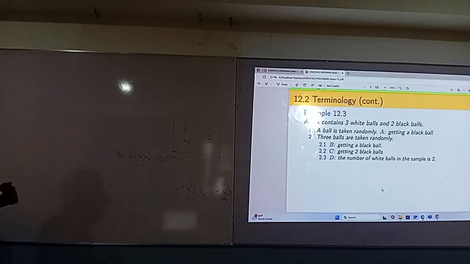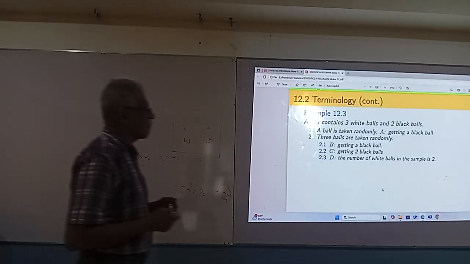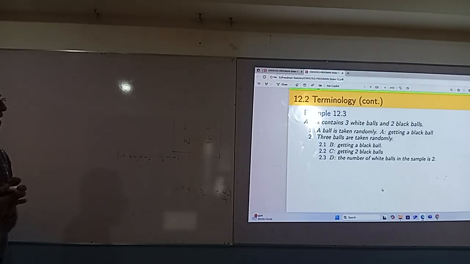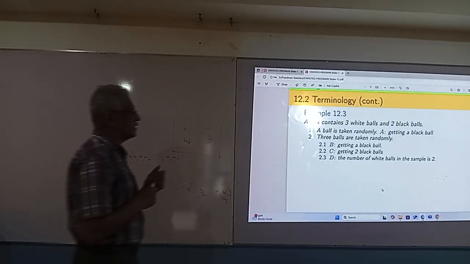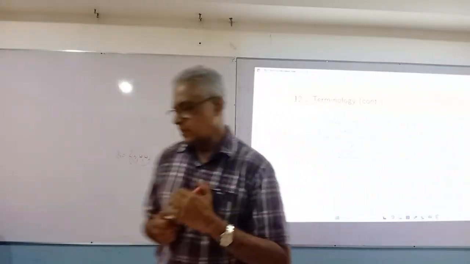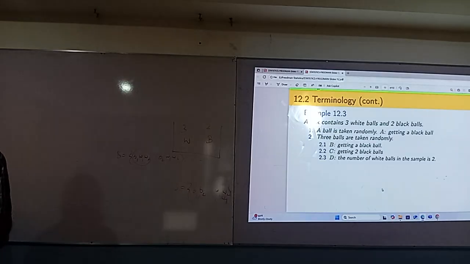Let's look at the second one, getting two black balls. It says exactly two black balls, so you can again look at that. Now, if you want to look at that thing here, getting two black balls, probably you can define your sample space in a different way also.